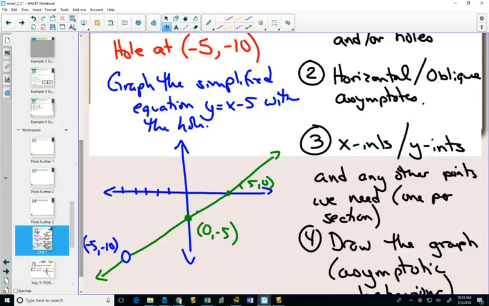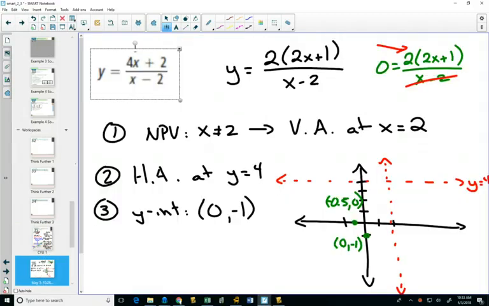Now I can explain what I meant by 1 per section. Your vertical asymptotes split your domain up into different sections. When you have one vertical asymptote, your graph gets split up into 2 sections. Can you see that I have points in the left-hand section, but I have no points in the right section? Does that make sense?